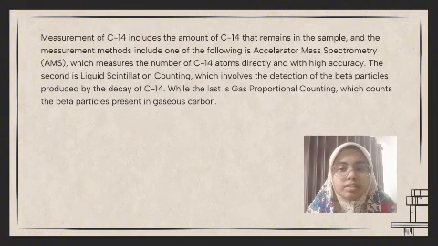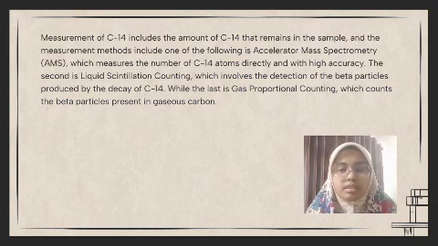Measurement of C-14 involves determining the amount of C-14 that remains in the sample, and the measurement methods include one of the following. The first is accelerator mass spectrometry, AMS, which measures the number of C-14 atoms directly and with high accuracy.